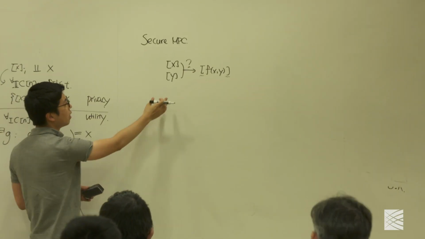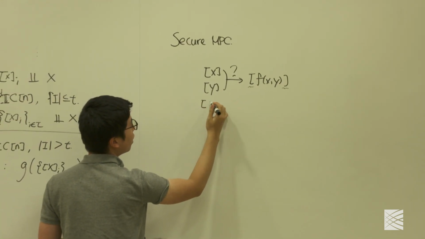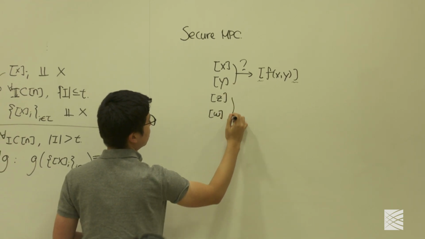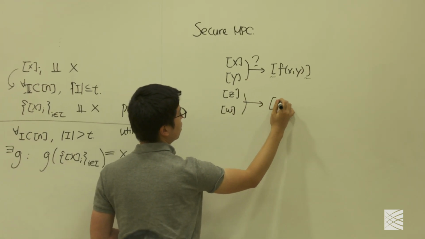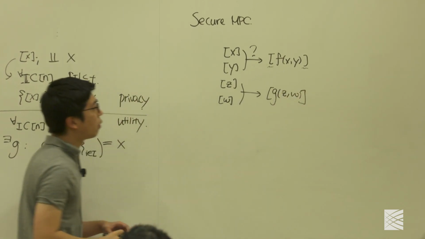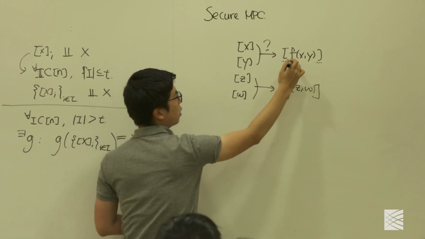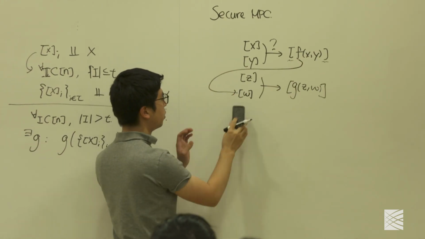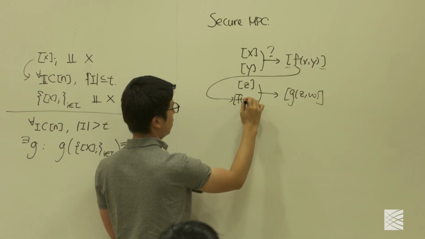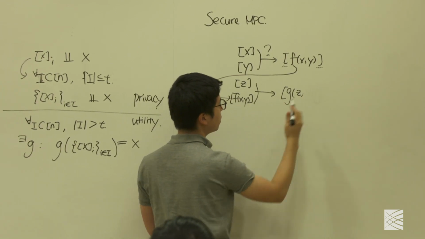So if you had a way of doing this computation for this function f, and let's say we had that for another function g, now we can take the output from one protocol and plug this into the input of another one, right? So now what you get is the composition of these functions over the private input.